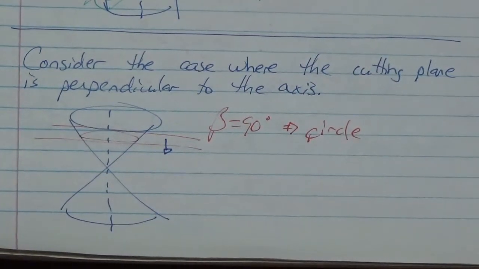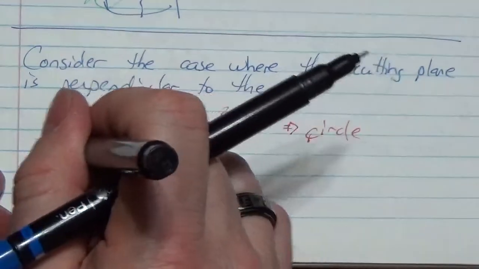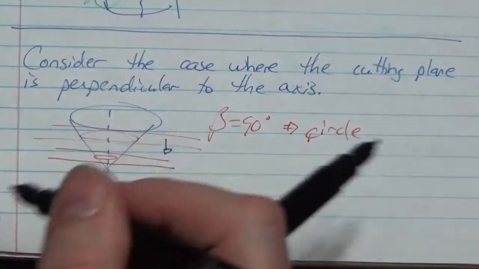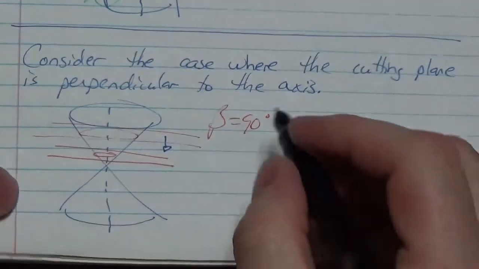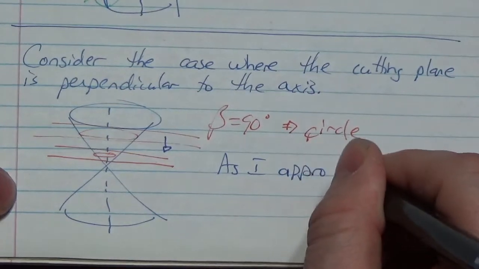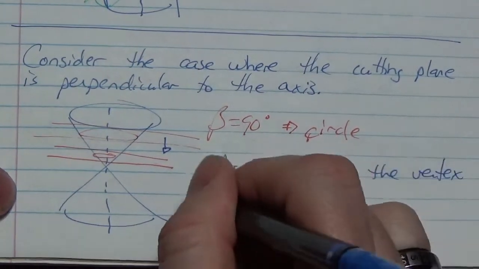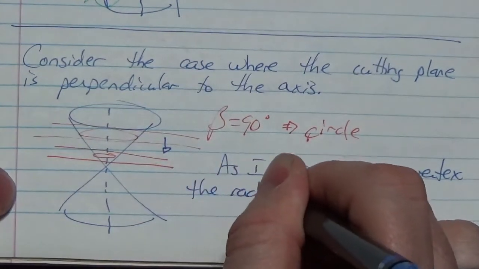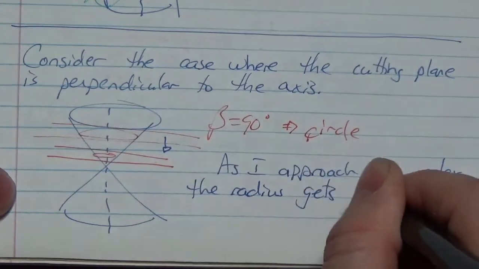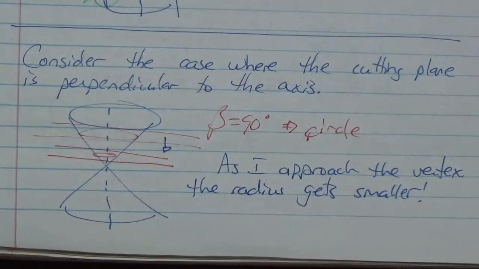Well, it's probably fairly obvious that that circle is going to get smaller. So as I approach the vertex, the radius gets smaller. I don't think there's any big surprise there.